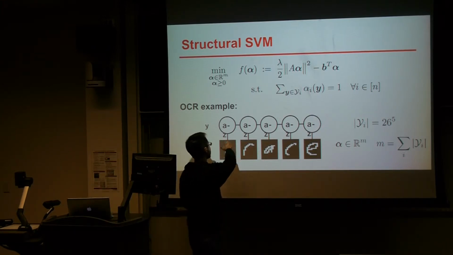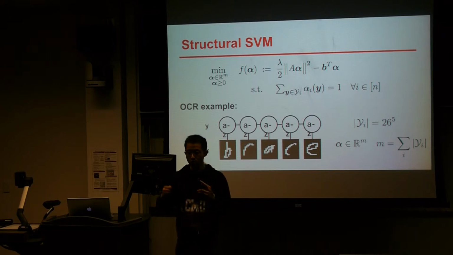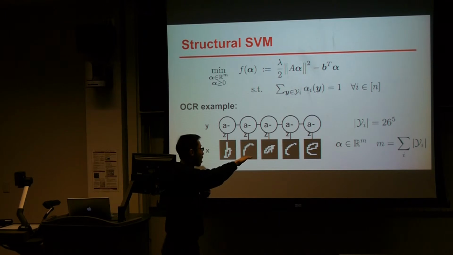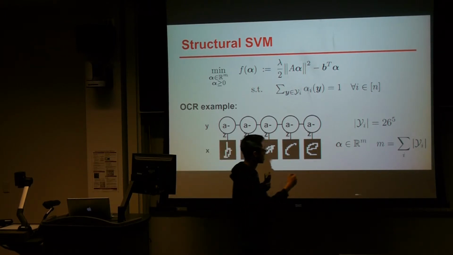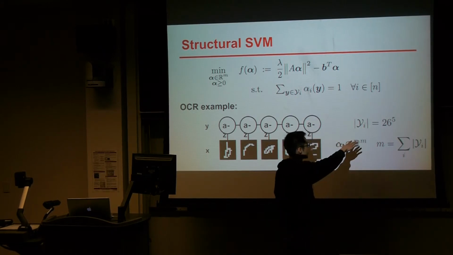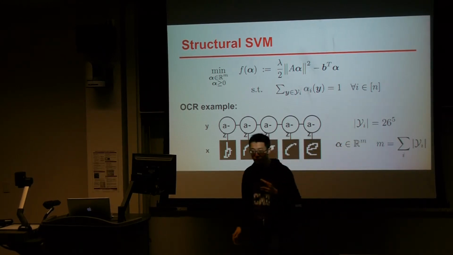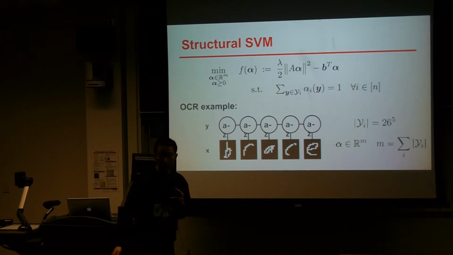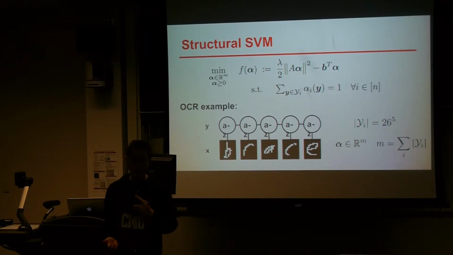You want the latent state to tell you which of the 26 letters is the true one. So your latent space is exponentially large, and therefore your alpha vector will be exponentially large, but it's very sparse.